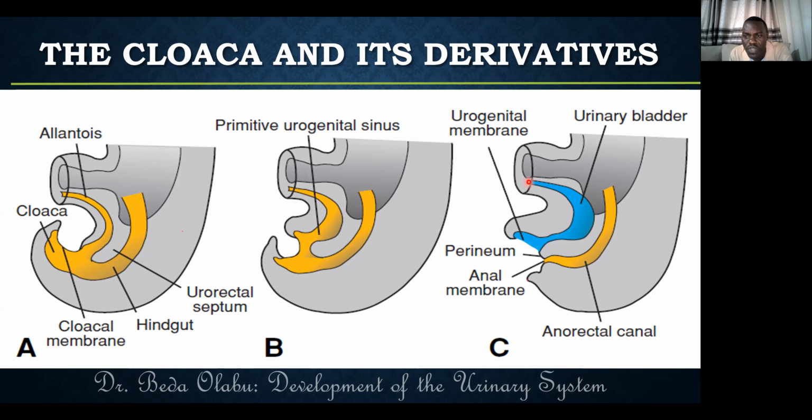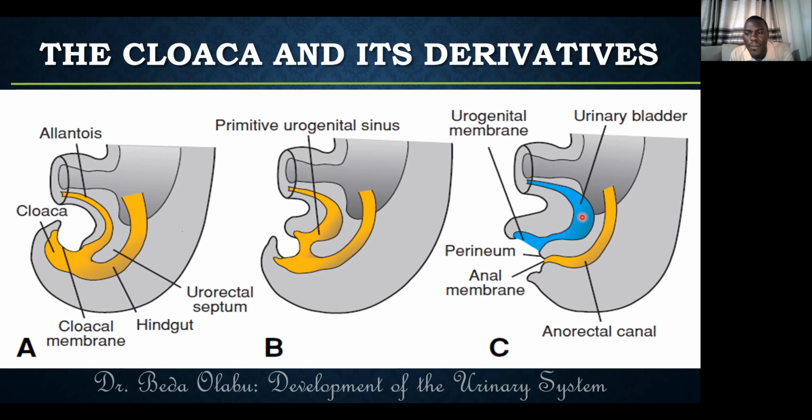This other part of the urogenital sinus, the allantois, as we mentioned last time in previous trimester, that part involutes. It forms what you call the urachus that will become a median umbilical ligament. So allantois becomes urachus, which becomes a ligament, but this part forms the bladder.